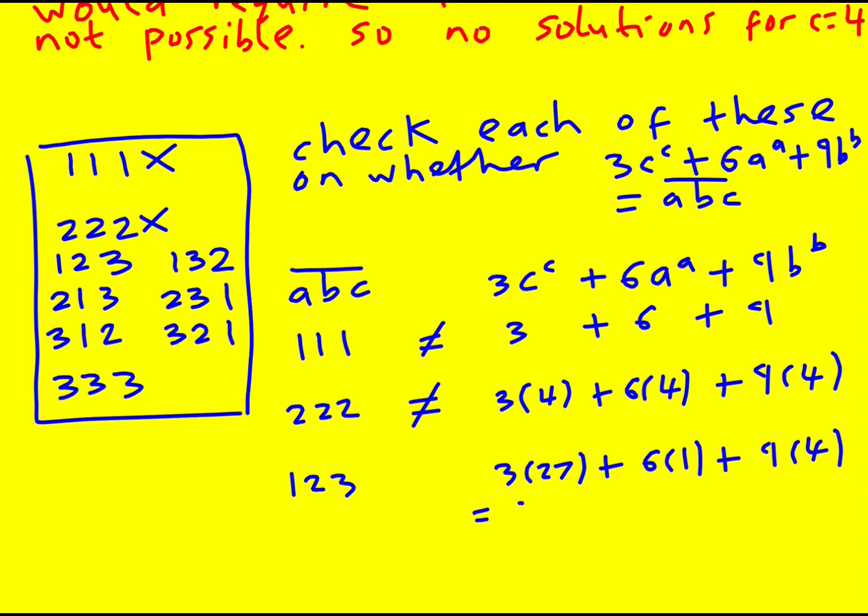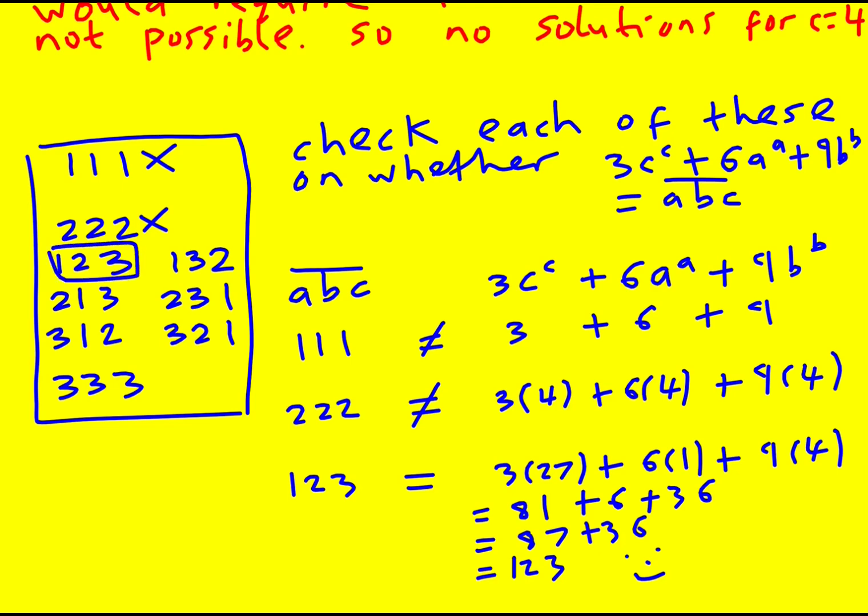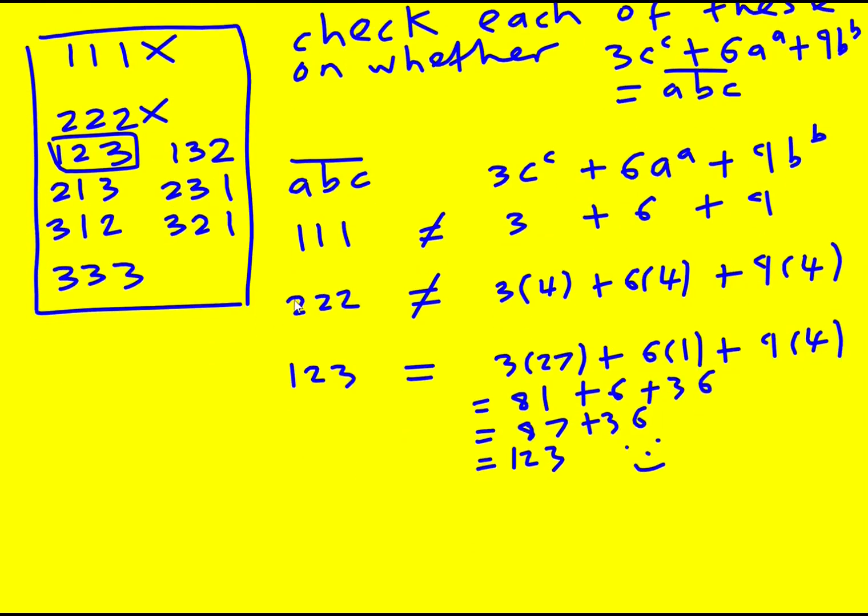That's going to equal 81 plus 6 plus 36, which is 87 plus 36, which actually gives 123. All right, so we found a solution. Okay, got to be pretty happy with that. Are there any more though?